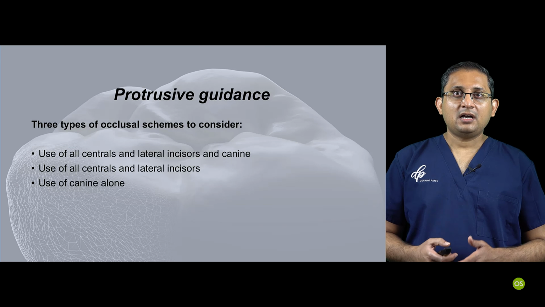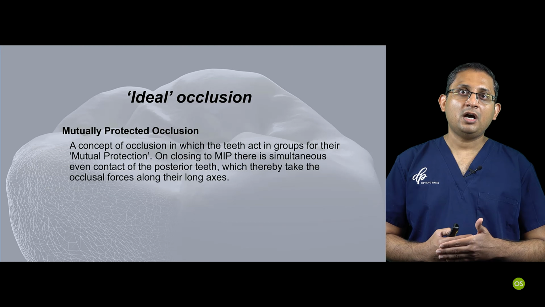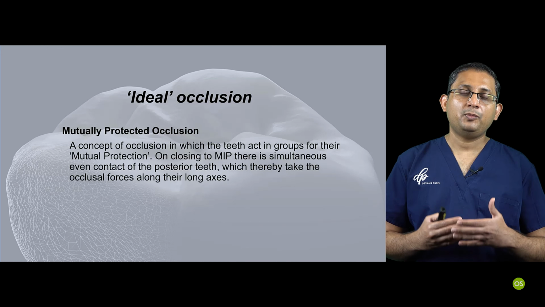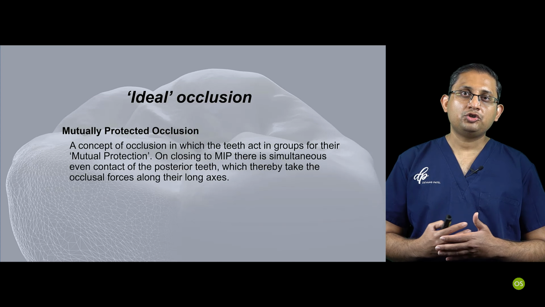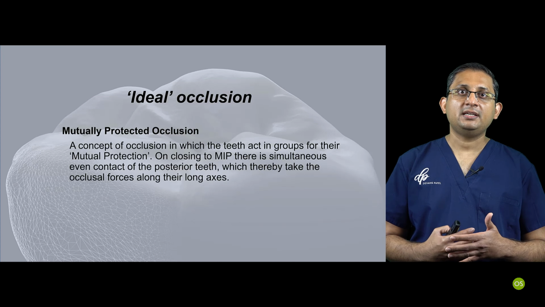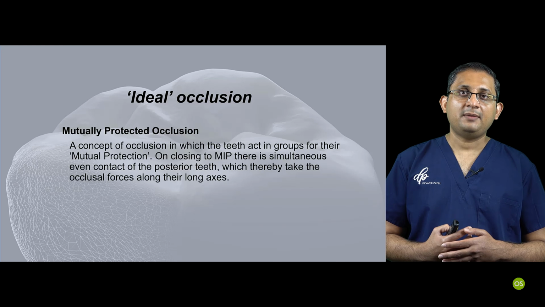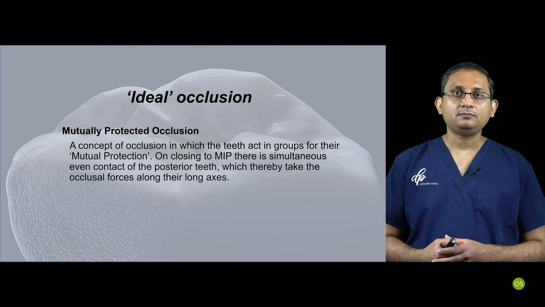So what is ideal occlusion? At the end of the day, we want mutually protected occlusion, whereby when you're guiding the teeth forward, you have posterior disclusion, and when you're chewing, you have harmony with no premature contacts of the teeth, and the patient is in a maximally relaxed position.